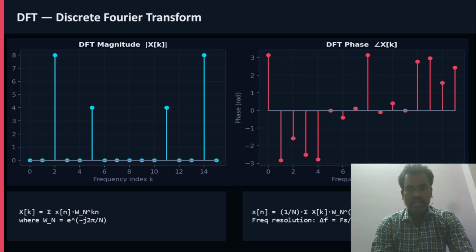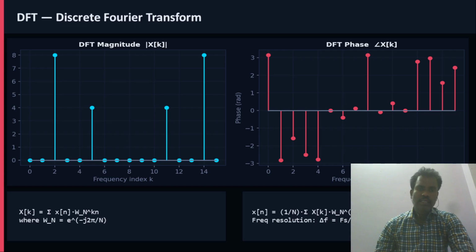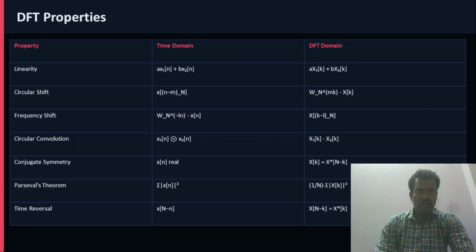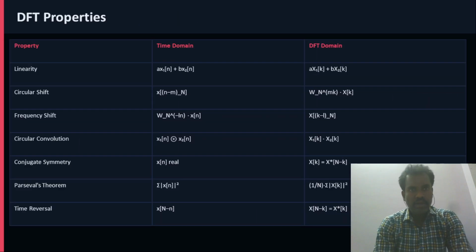Inverse discrete Fourier transform of any discrete spectrum is also discrete as well as periodic. Now, we'll see the properties of discrete Fourier transform. The properties of discrete Fourier transform are similar to all other transforms. It has the linearity property, the frequency shifting property, time shifting.